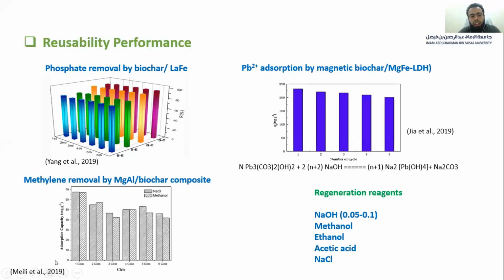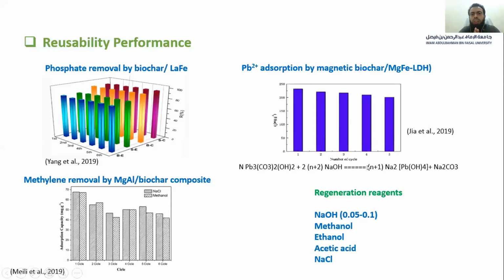Similarly, here you can see Mali et al. also reported the removal of methylene blue using methanol and sodium chloride, and he found the removal decreased from around 65 to around 50%, which is also quite good. So different regeneration reagents have been used, like sodium hydroxide, methanol, ethanol, acetic acid, or sodium chloride to regenerate these LDH.